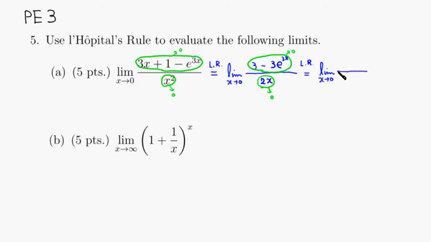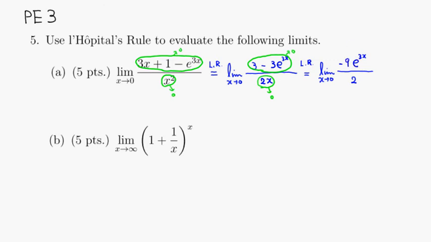The derivative of 2x is 2. The derivative of 3 is 0. The derivative of negative 3 e to the 3x would be negative 3, and the derivative of e to the 3x is e to the 3x times 3. So that's 3 times 3, which is 9.